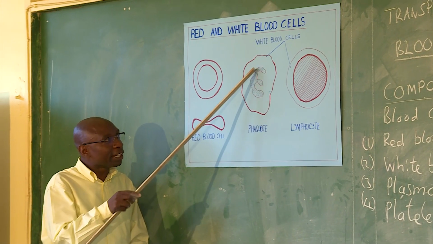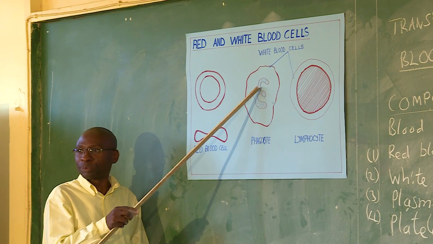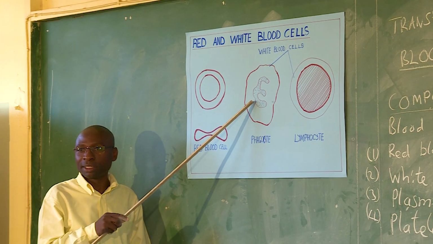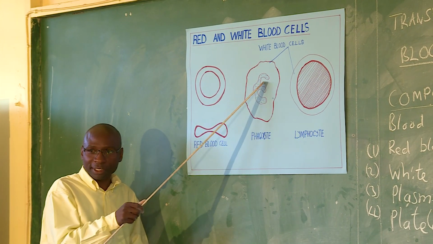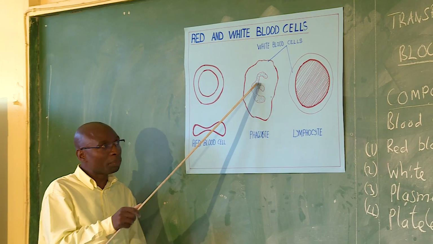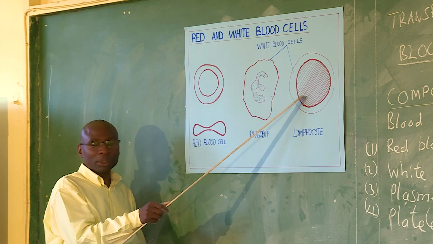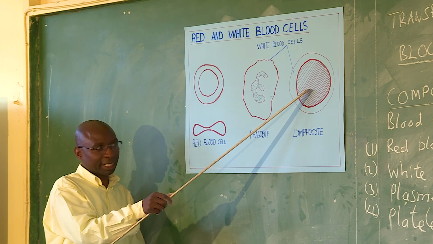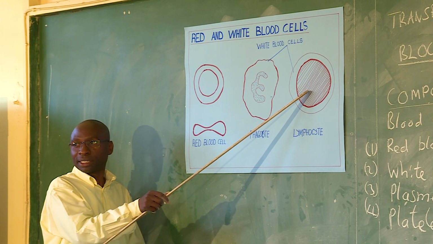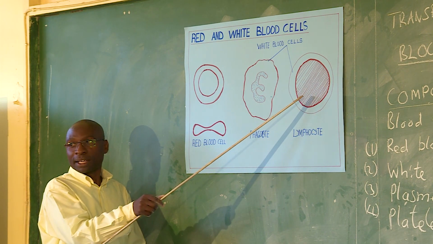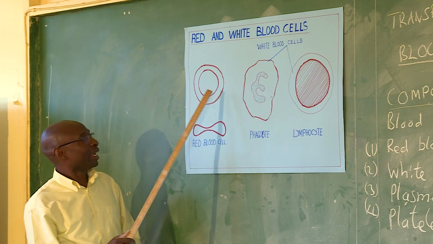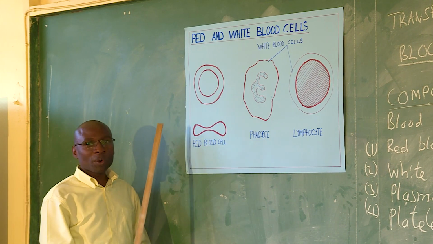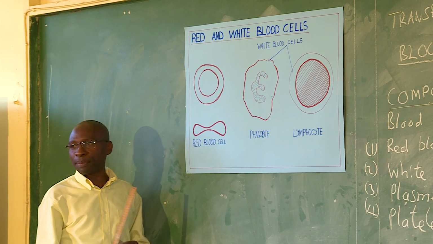What do we call this part here in the white blood cell? Yes, the nucleus. This one is the nucleus, okay? Then this one here in the lymphocyte, also the nucleus.